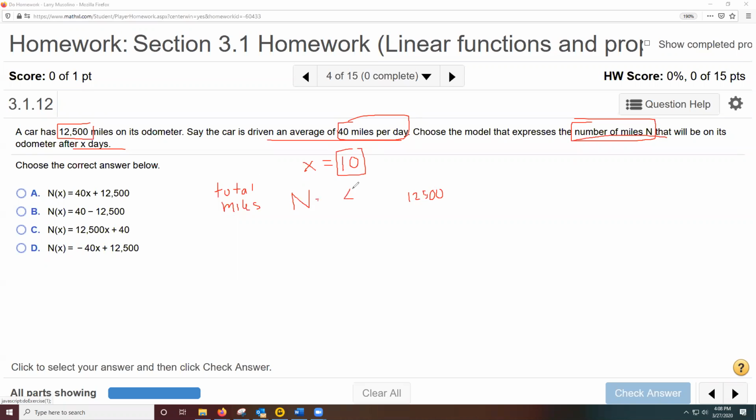So in my example, it would be 40 times 10 plus 12,500. This is the starting mileage on the car. And because I'm going to drive the car for 10 days, and each day I'm going to be driving 40 miles, this would be 400 plus 12,500. This would be 12,900 miles in total.